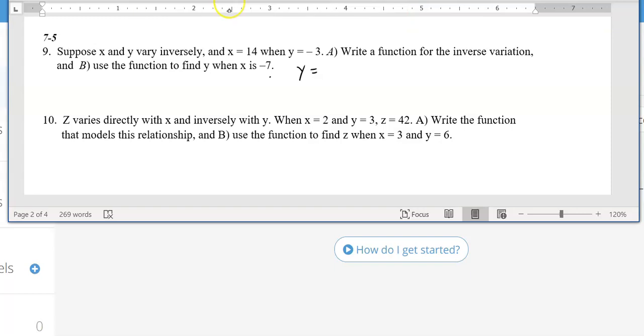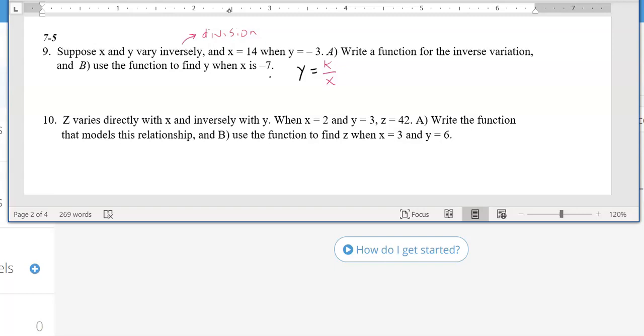Inverse variation would say that I've got some number k that I'm dividing x into. So x and y are my two quantities that I'm comparing, and they have an inverse relationship. So inverse variation, you can always think of division. If it's direct variation, then you're going to be using multiplication times k.